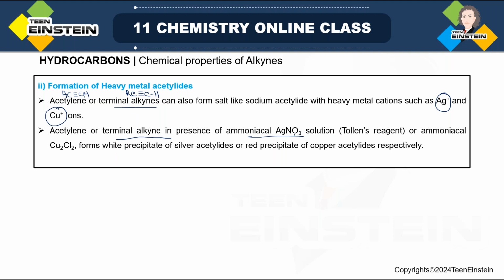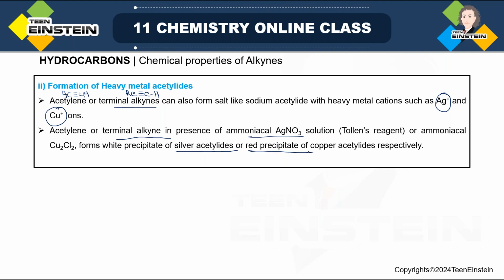Now when you have taken AgNO3, there is white precipitate formation, because of the silver acetylide, which is just like the sodium acetylide, the only difference being that instead of sodium ion as the counter ion, now you will have Ag plus, and as it is a heavy metal, there will be precipitation, and there is a specific color. So there is a white precipitate if you are using AgNO3, and if you are using Cu2Cl2, there is a red precipitate of copper acetylide.